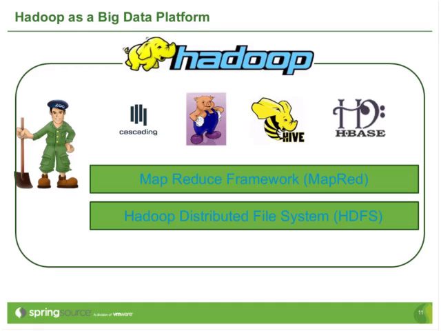Because MapReduce and Hadoop in general tend to be fairly low level, you have various libraries out there to provide a better abstraction, or at least for certain use cases, to adapt to certain users. I've mentioned on this slide the most popular libraries out there. We have Cascading, Pig, and Hive, mainly for doing queries.